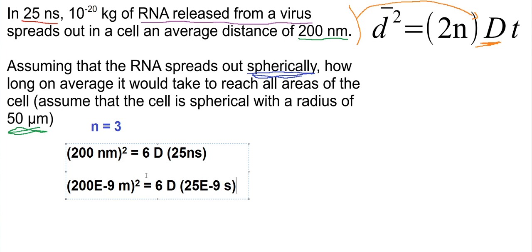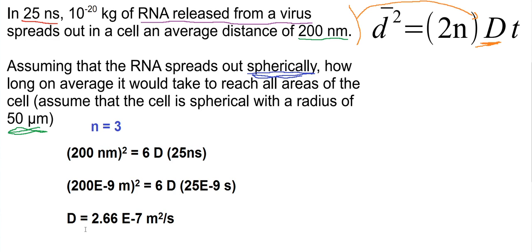And the reason I'm doing this is because our cell radius is in micrometers, which is a different unit than we started with. Now, you can do this, and you can literally just use math to solve for the diffusion coefficient, d. If you do so, just literally rearrange it and solve it. What I receive for d is 2.66 times 10 to the negative 7 meters squared per second.